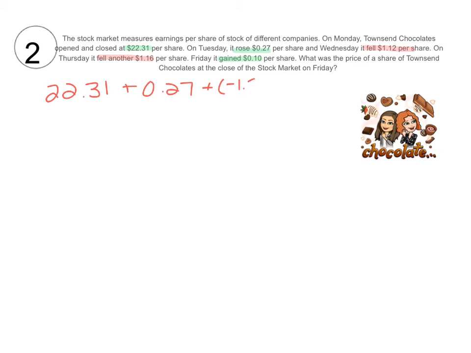I'll show you the other way that you could have done this in a second. Okay. And then it fell another $1.16, so you could add another negative $1.16. And then it gained, so that would just be adding 10 cents. So that's one way you could have done it. You could have also just done 22.31, which is what we started with, and we add our 27 cents.